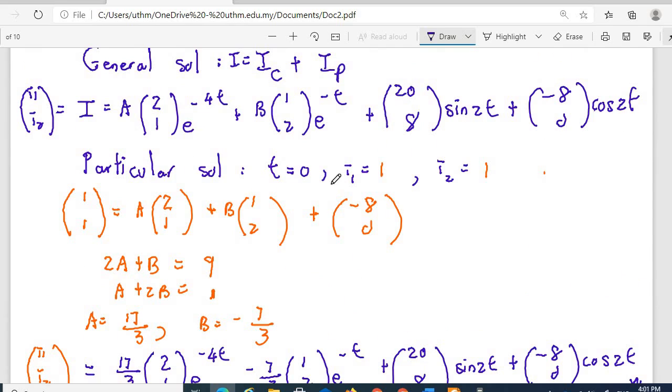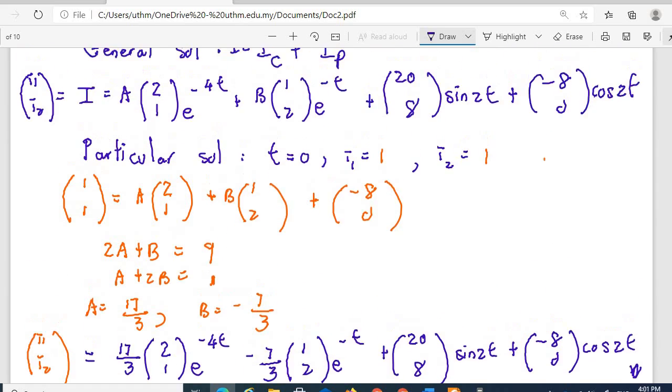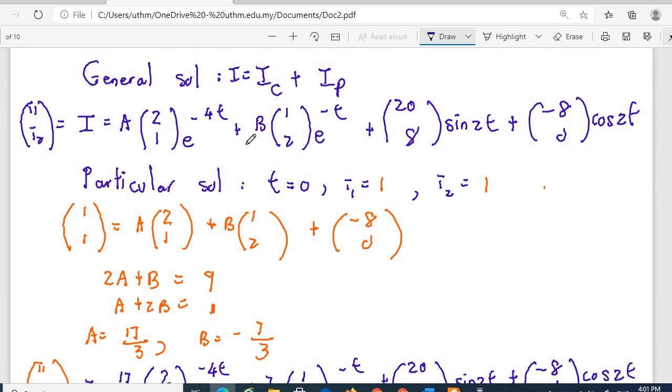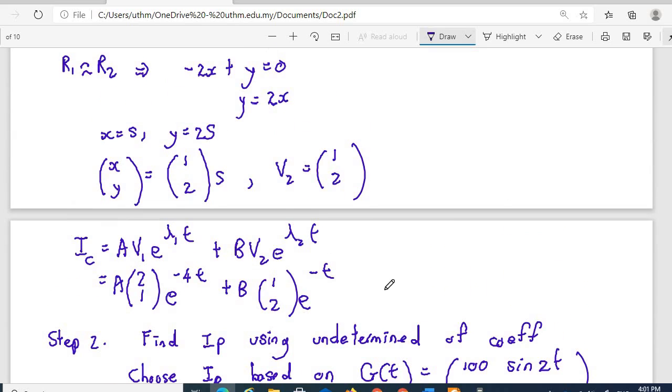Then only you plug in the initial condition. The answers for A and B would be totally different otherwise.